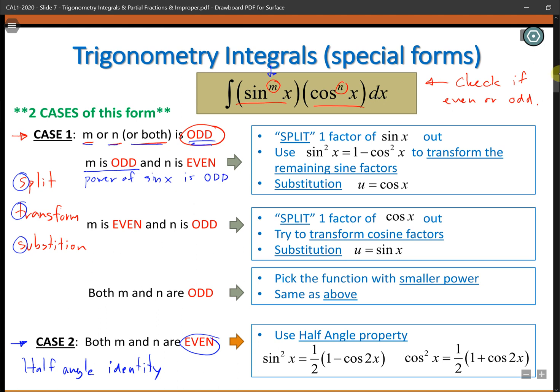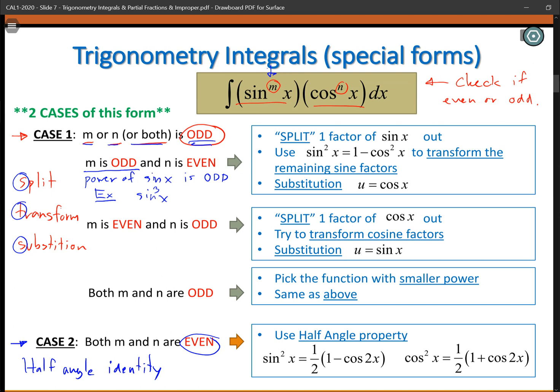Let's make an example, when sine of x has a power of, sorry, odd, so I put 3. Power is odd, 3. If you see something like this, let's use the STS technique.